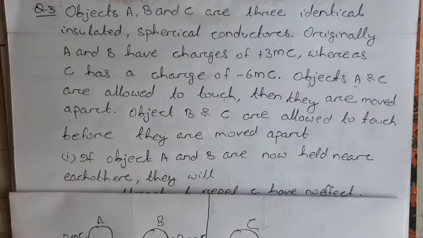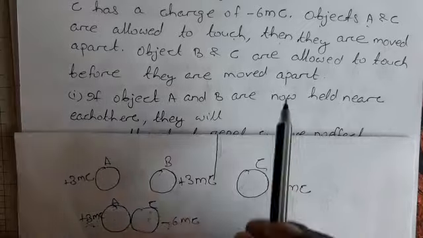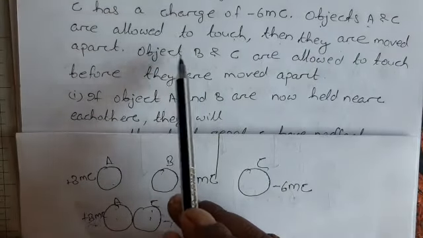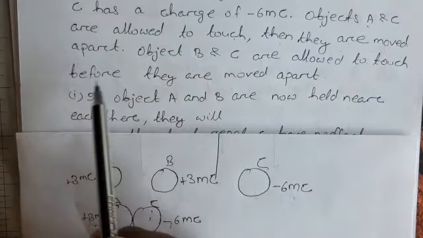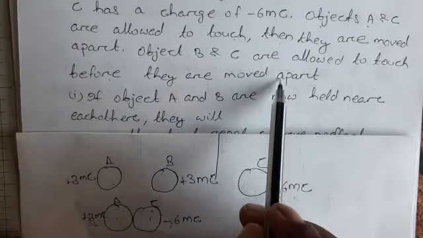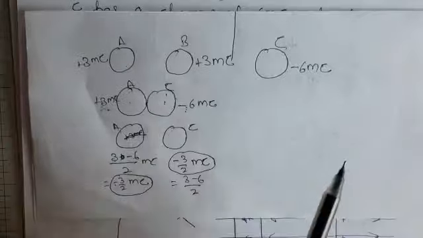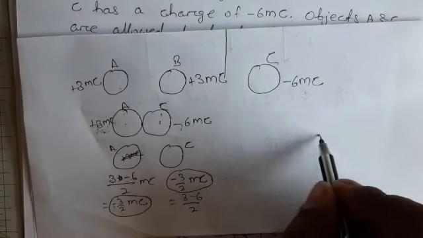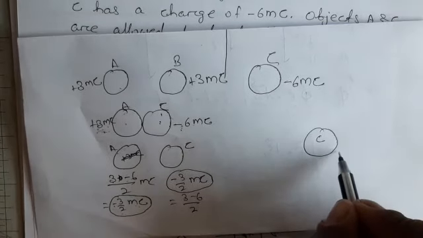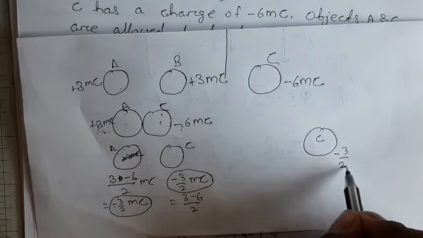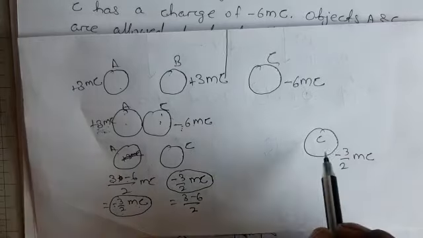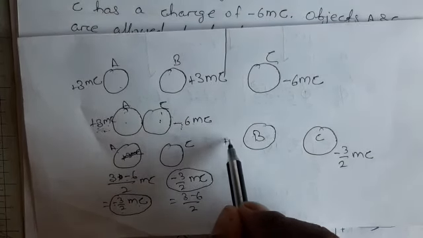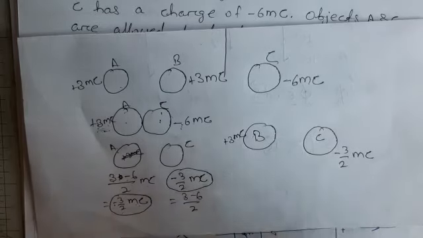Okay, then next part. Objects B and C are allowed to touch before they are moved apart. See, now C has charge -3/2 millicoulomb and B has charge +3 millicoulomb.